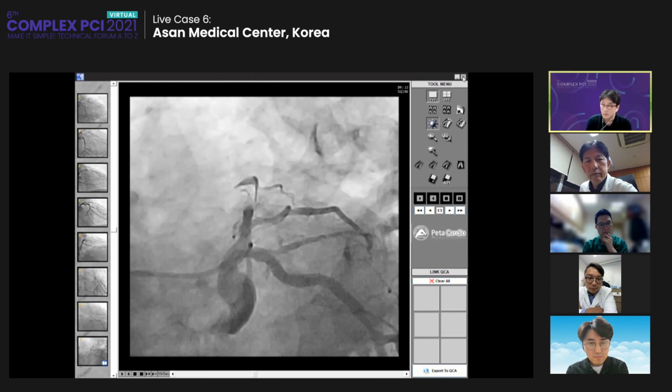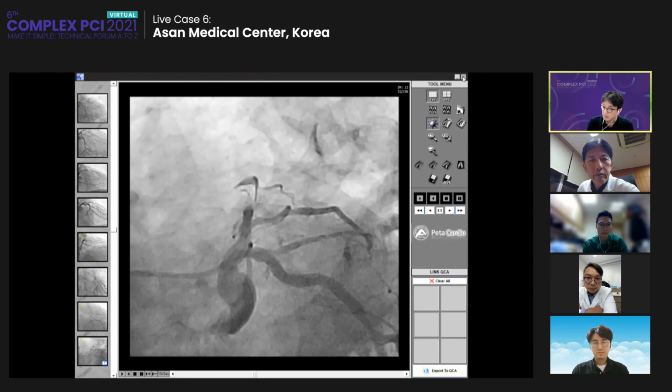Okay, this is the baseline angio of this case, and actually this was a failed case from another hospital 1 month ago, before I did the case. You can see it has a straightforward anatomy with several septals and a tapered anterograde tip cap.